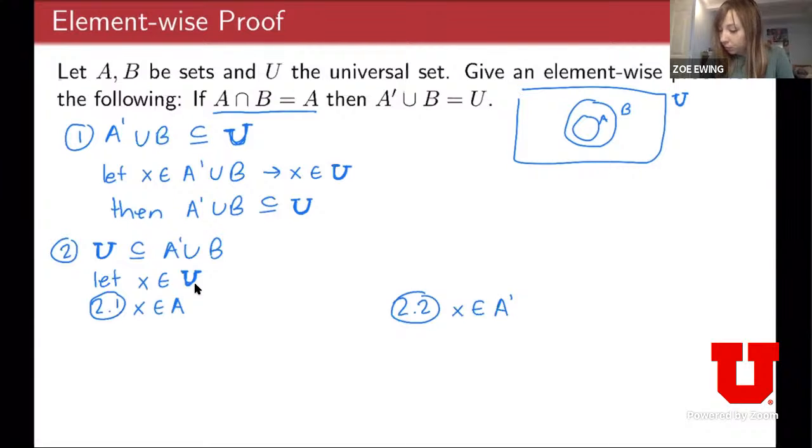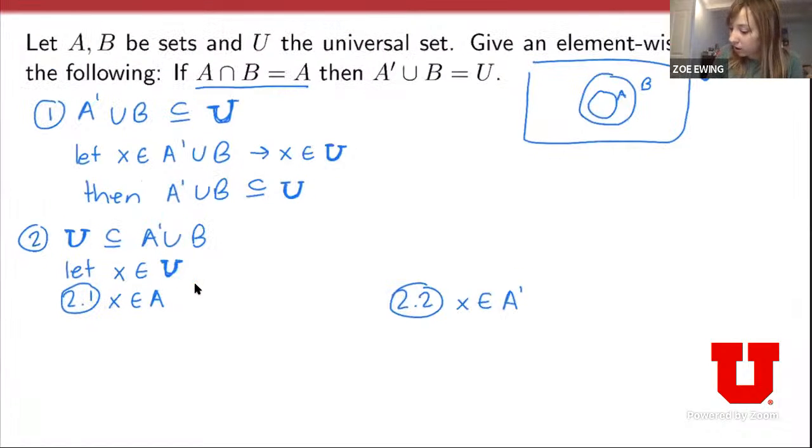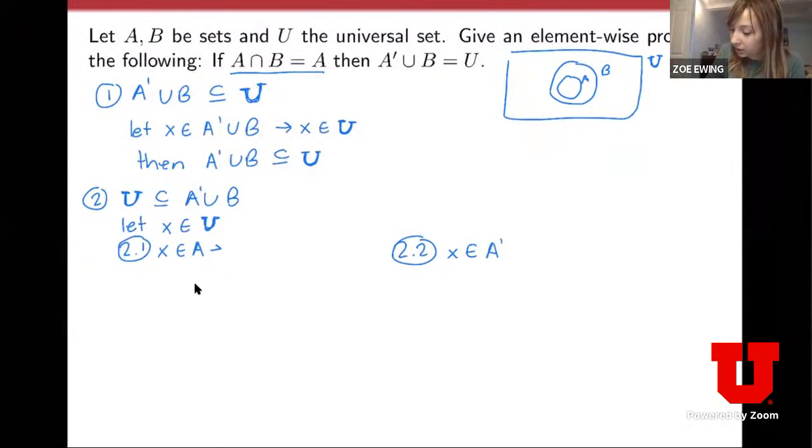So we're given up here that A is equivalent to A intersect with B. So that means that X is in A implies that X is in A intersect B, and that's by definition of set equality. So if X is in A intersect with B, then we know that X is in B and X is in A by the definition of intersection.